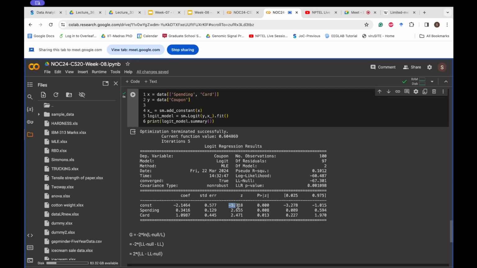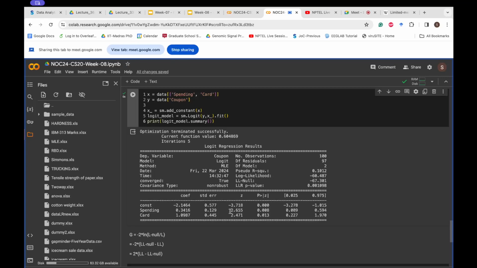The z value is computed using the coefficient divided by its standard error, and for the given z value you will have a certain p value. Based on that you will decide whether the particular coefficient or variable is significant in deciding whether the person has used the coupon or not.